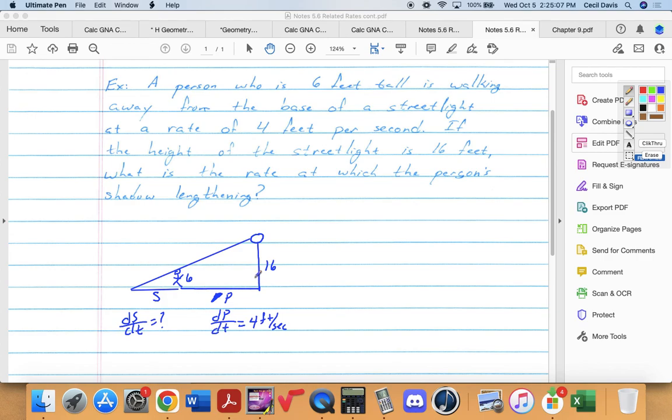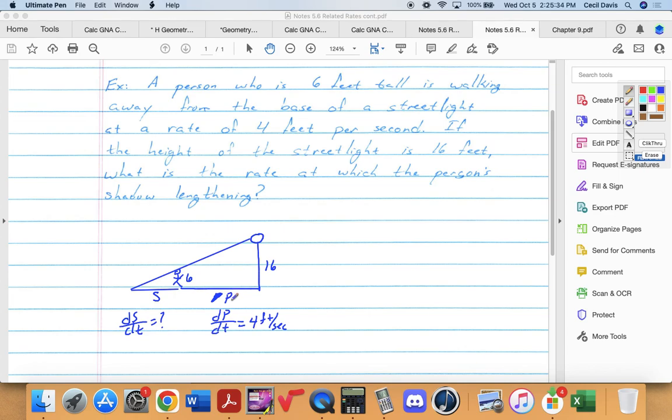So the reason I wanted to do this one is because it's a little different than the conical pile things that we've been doing, because there's no volume involved here. But notice we have two triangles, this small triangle with the 6 and the S, and this great big triangle with the 16 and the S and the P. Those two triangles are similar to one another.